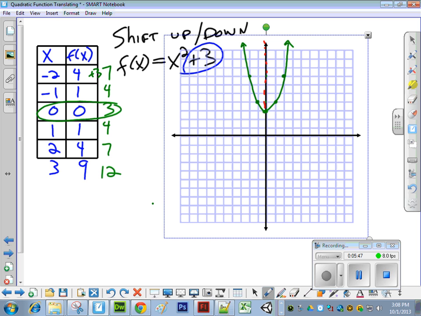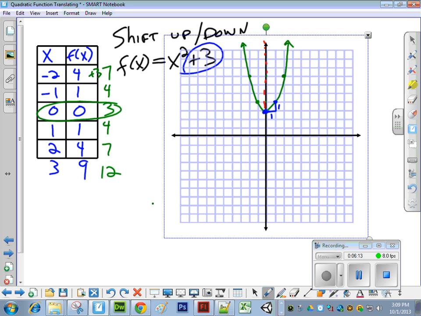Okay? Now I don't always want to have to use a table. I want to double check something instead. What if I pretended that this was my 0, 0 point, my vertex? This first point is to the right 1 and up 1 from that spot.